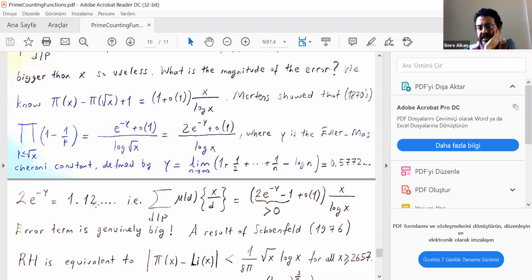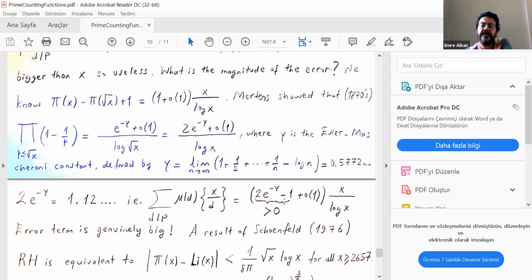That's the whole point. So if you solve for this term, the sum of mu d times the fractional part of x over d, you get 2 times e to the minus gamma minus 1 plus something going to 0, and that whole thing is multiplied by x over log x.